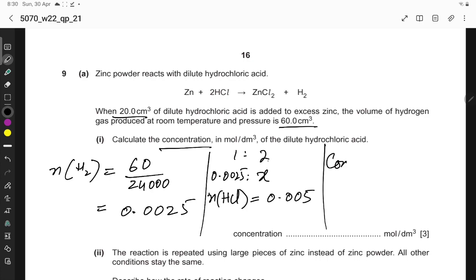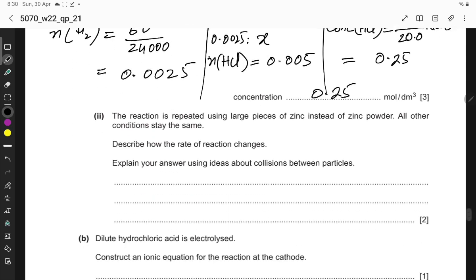The concentration of HCl will be moles over volume times 1000: 0.005 divided by 20 cm cubed times 1000. So the answer is 0.25. So this is the concentration.